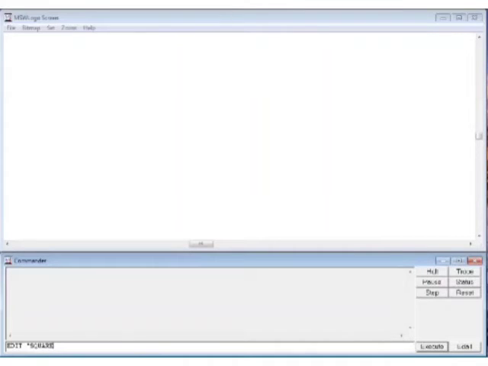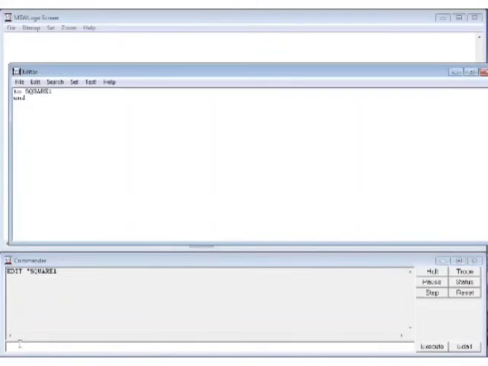Then press enter. Here I am writing square 1 as the name of the procedure. The editor window appears. You will notice that the first and last line of the procedure are already written. The first line is to and the name of the procedure, that is square 1, and the last line is end.